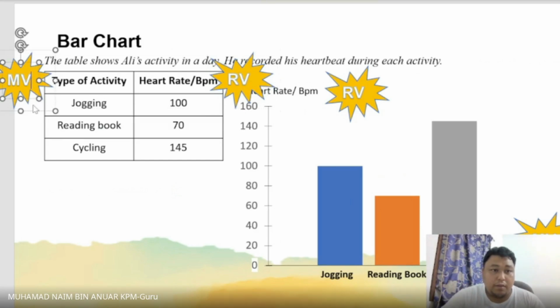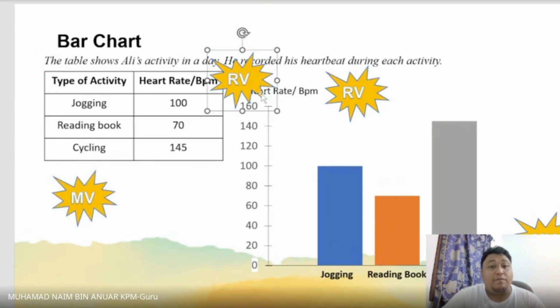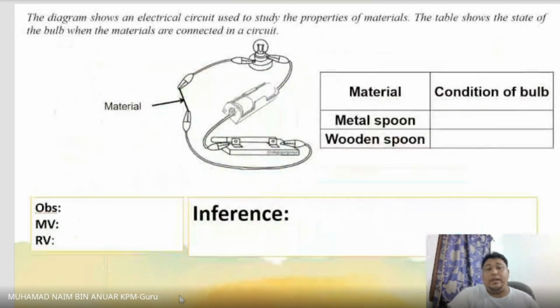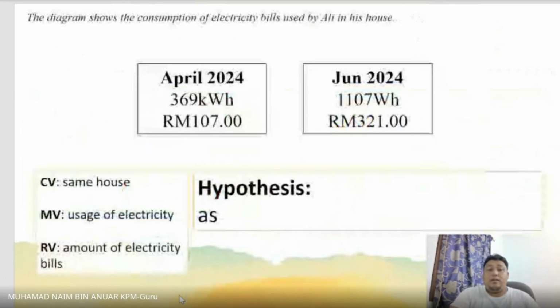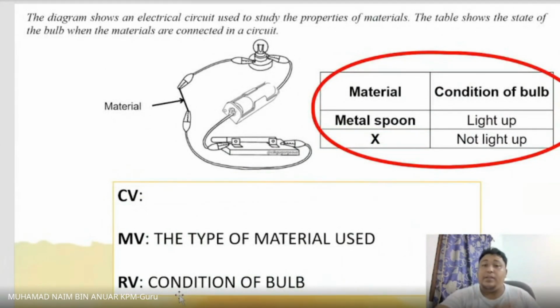Now, if you get this question, you're quite lucky if you remember how to do it, because it's as easy as that. Here, left is MV, the type of material used, or you can simply write material, also can.